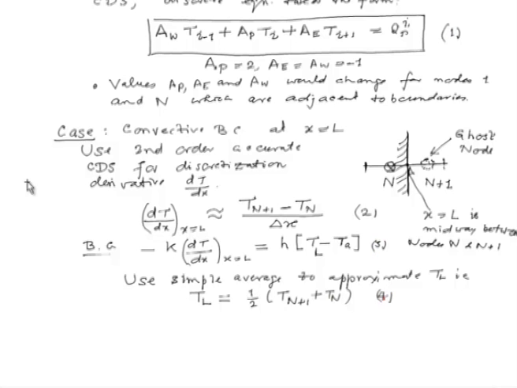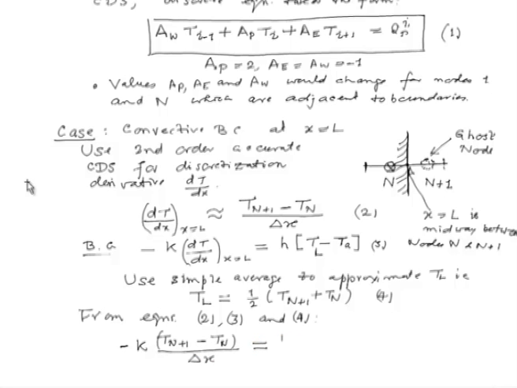So, now next we use equations 2, 3 and 4. On the left hand side we have minus k, and the approximation for dT by dx would be given by T of n plus 1 minus Tn divided by delta x.